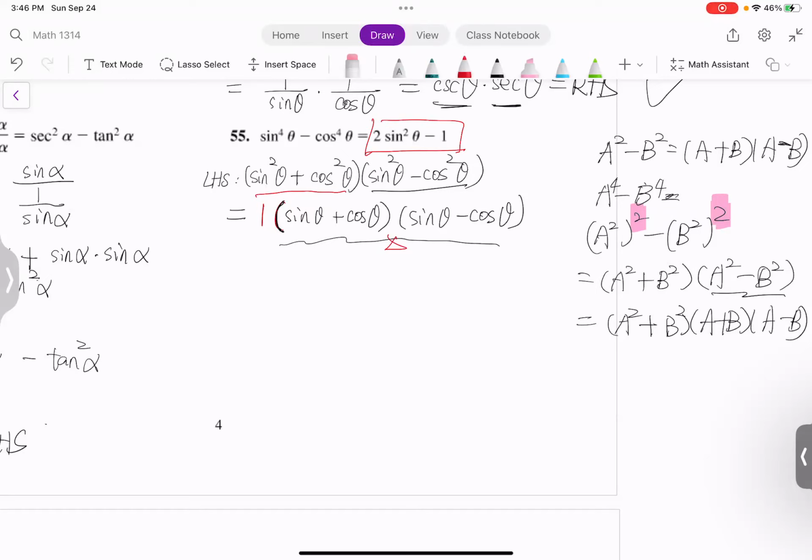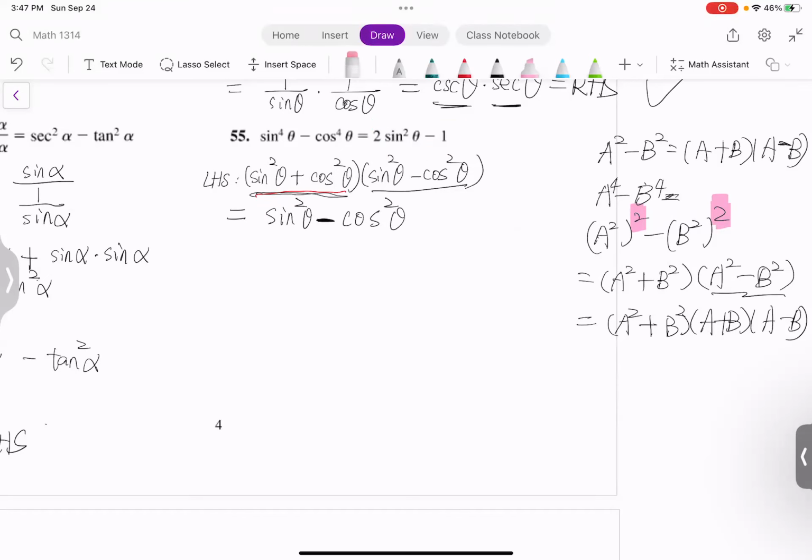So if I only stop here, I let the first parentheses be 1, and then I'm having sine theta squared minus cosine theta squared. At least there is a subtraction, and also there is a sine theta squared. So I will not use the conjugate formula again to factor this second parentheses. All right, let's see if I can bring this one to 2 times sine theta squared minus 1. That's the right-hand side.